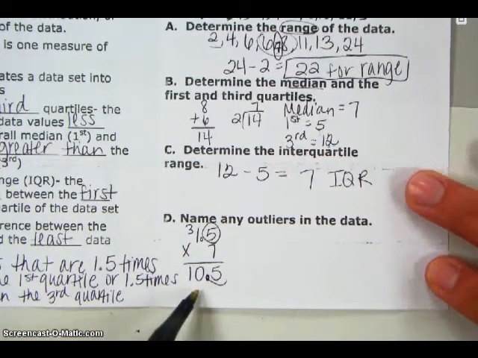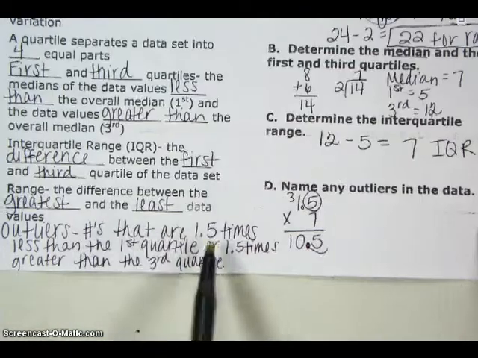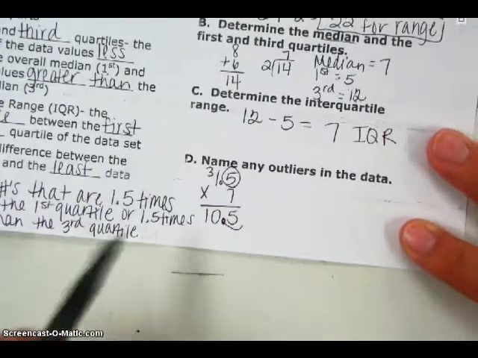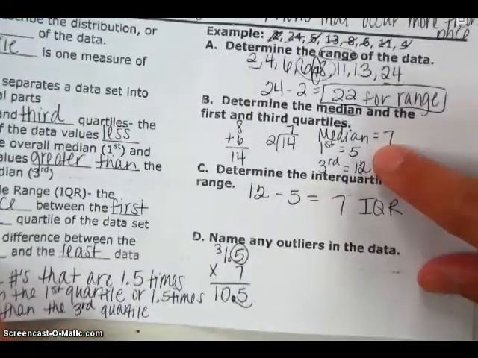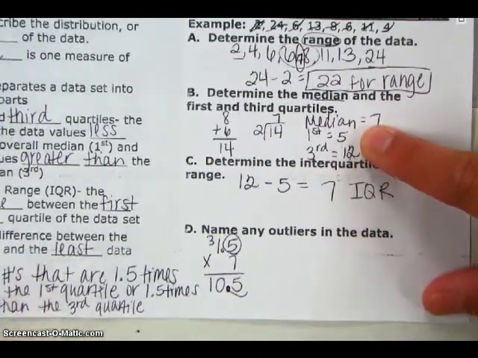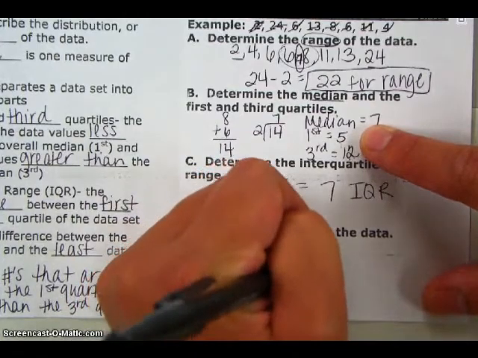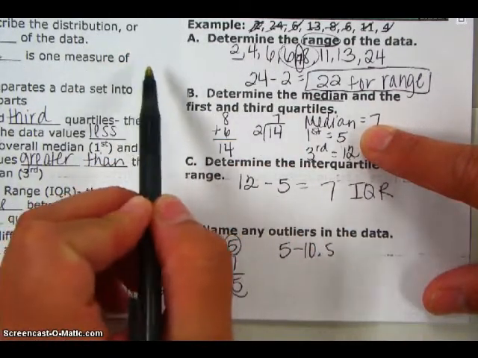Now we said this number is going to help us figure out the numbers that are 1.5 times less than the others. So I'm going to take my first quartile number, which up here we got 5. I'm going to take 5 and subtract 10.5 to figure out how far to the left of this can my numbers be.